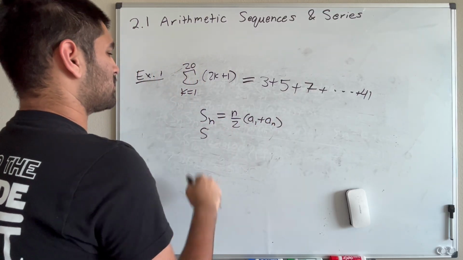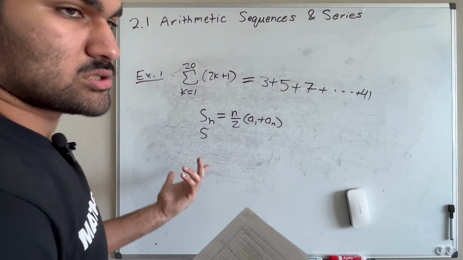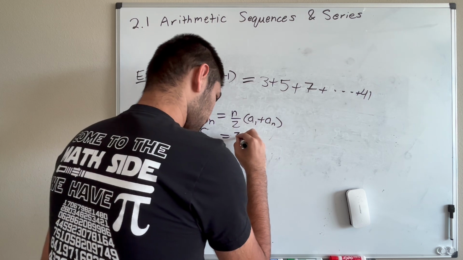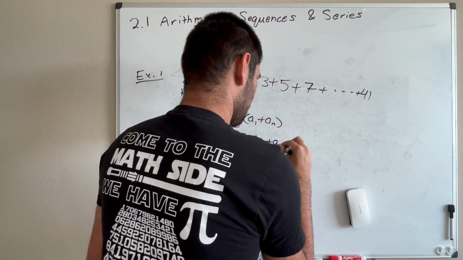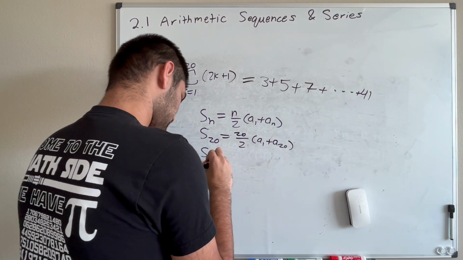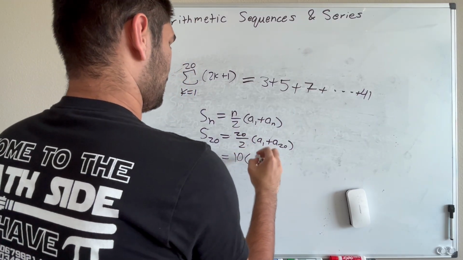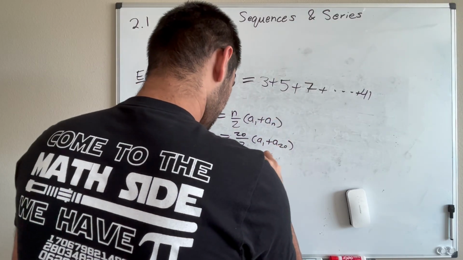And n is the number of terms. How many terms do we have? Well, we're going from 1 to 20, so we just have 20 terms. Let's see, 20 over 2 is 10. a1 is the first term, which we found was 3.